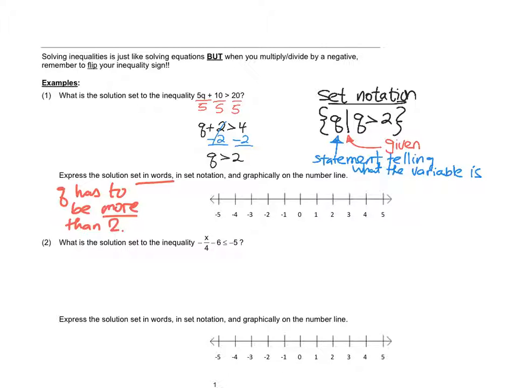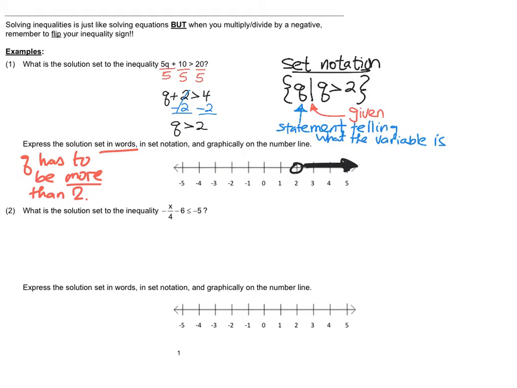And graphically, what we would do is plot an open circle around 2 and shade on the graph to the right. Open circle, I'll make a little note. Open circle does not include the value.